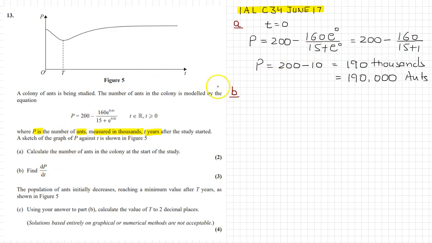Find dp over dt. We differentiate this. So this is 0 minus the square of denominator, 15 plus e to the power 0.8t.